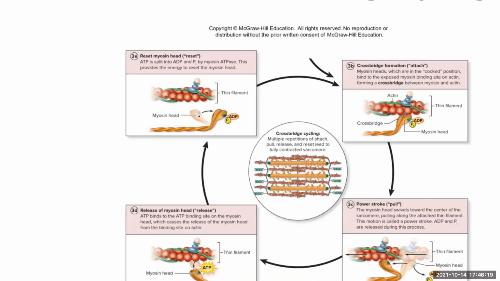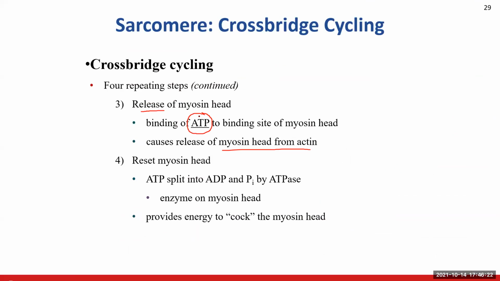And then finally, our last step is we have to start this process over again, but to do so, we have to reset or recock that myosin head. As we do that, ATP hydrolyzes or breaks down into ADP and that inorganic phosphate. The enzyme that is responsible for this reaction is called ATPase. ATPase, any word that has ASE on it, is an enzyme.